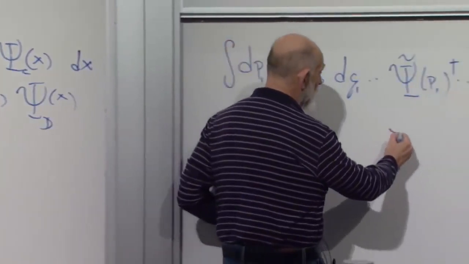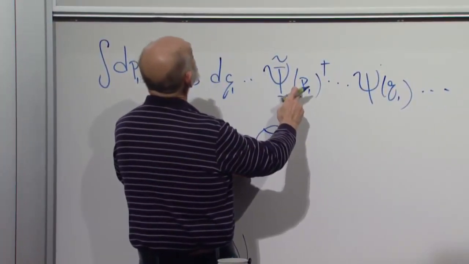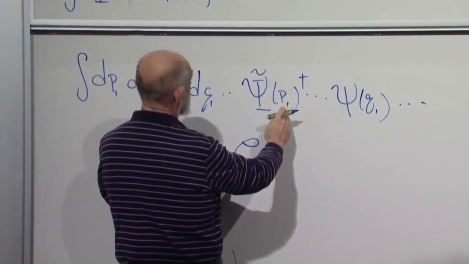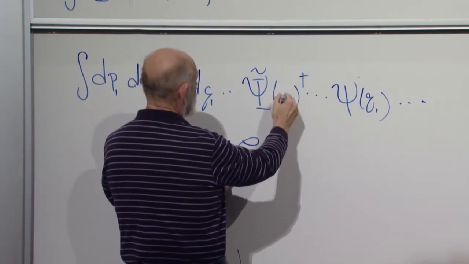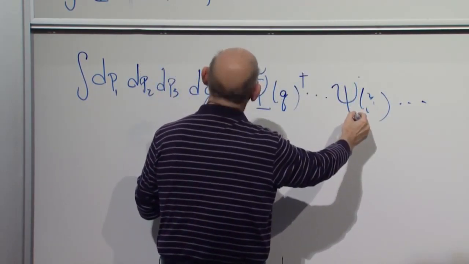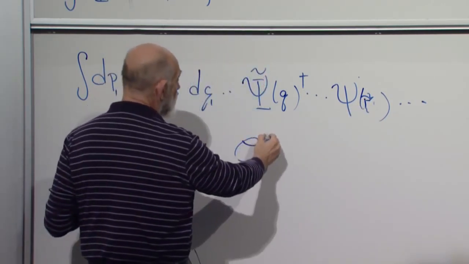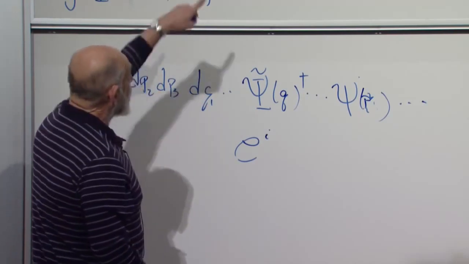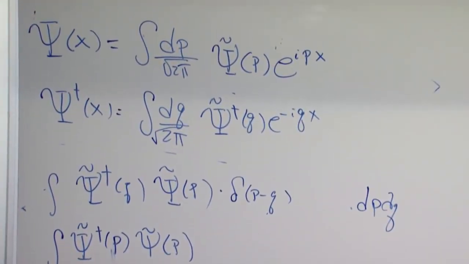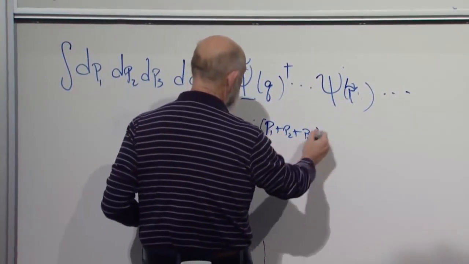For each psi, if I wanted to follow the same notation up there, I would have an e to the i, and then for each p, p1 plus p2 plus p3, all times x.